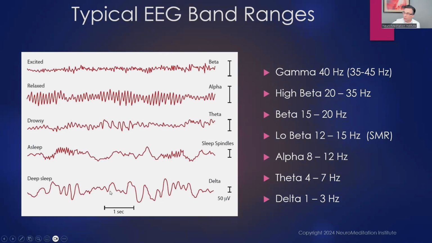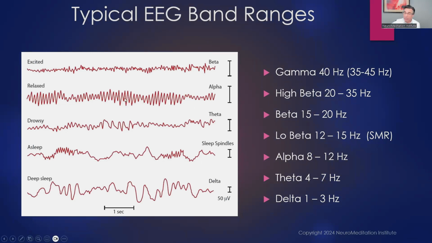Delta is defined by 1 to 3 or sometimes 1 to 4 hertz, 1 to 4 cycles per second. Again, there are only 3 or 4 cycles within that period of time. Theta is defined as 4 to 7 or 4 to 8 hertz, or cycles per second.